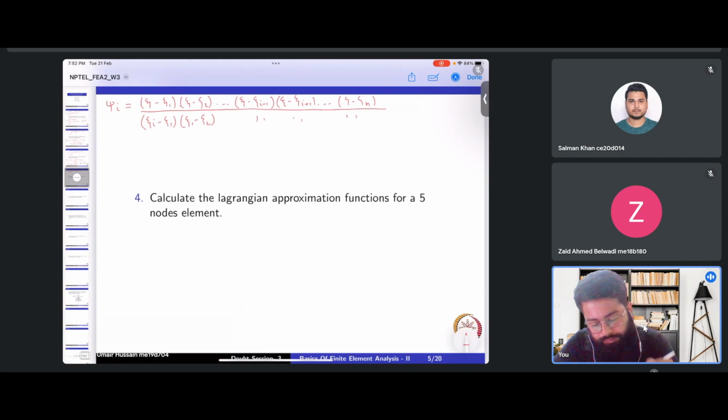So for a 5 noded element, what would be the coordinates of each of the 5 nodes? Can someone answer this? So we have 2 nodes here in the middle.